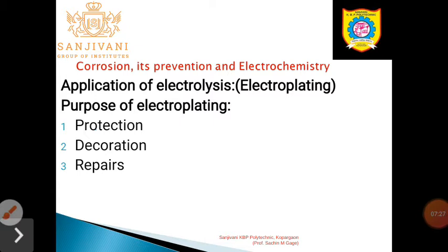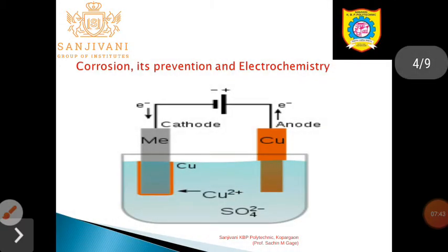In most cases we want to achieve specific properties, for example electrical conductivity or wear resistance, and for that purpose we do electroplating.